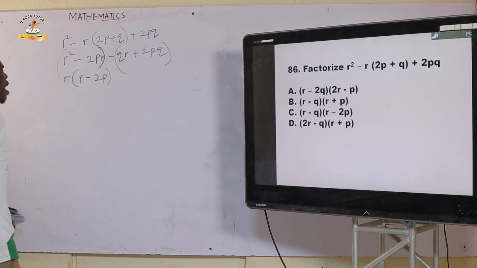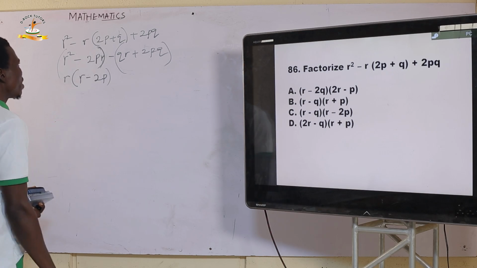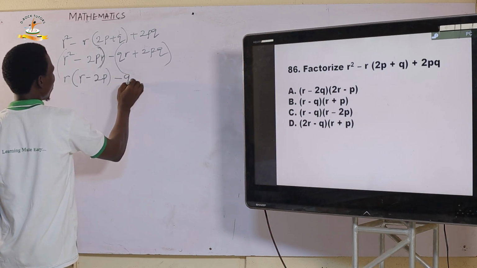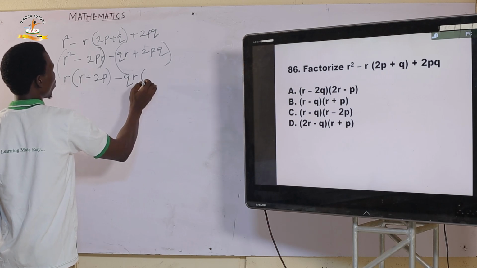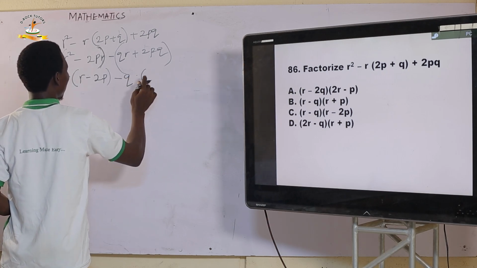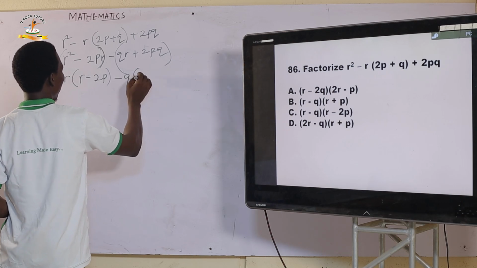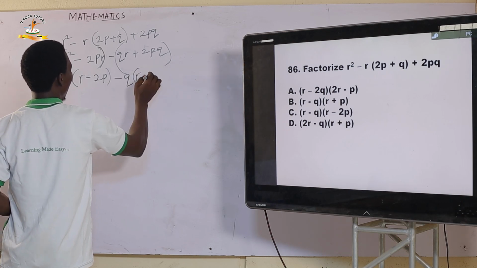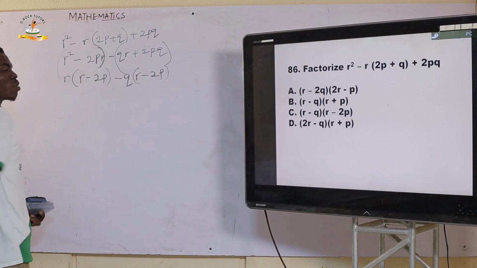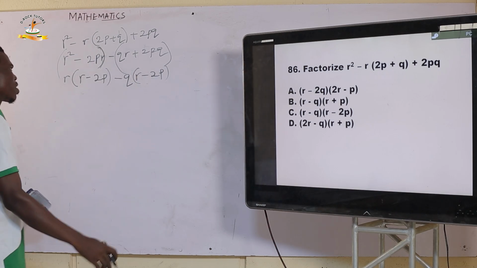What is common here? Minus q is common. So I am going to have minus q into open bracket r minus 2p. Don't forget this minus, when it multiplies this minus, it gives you a positive value.